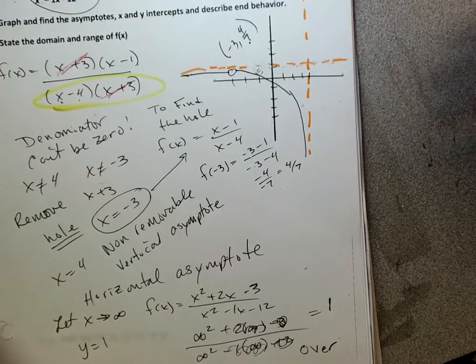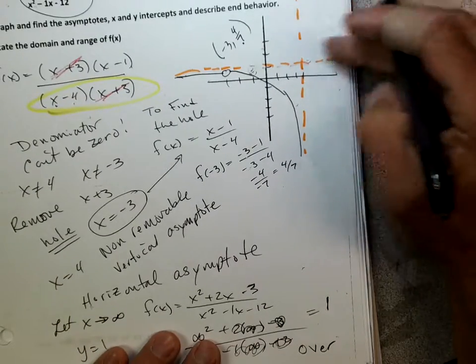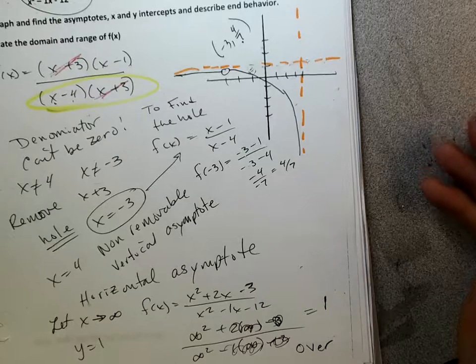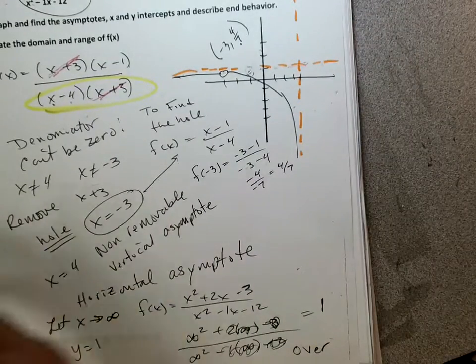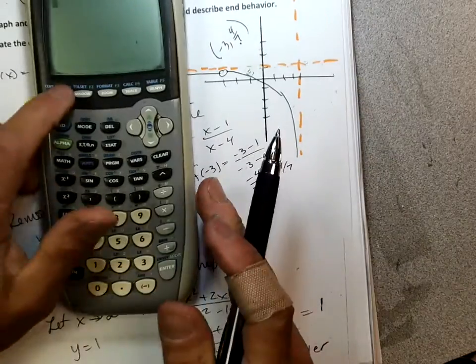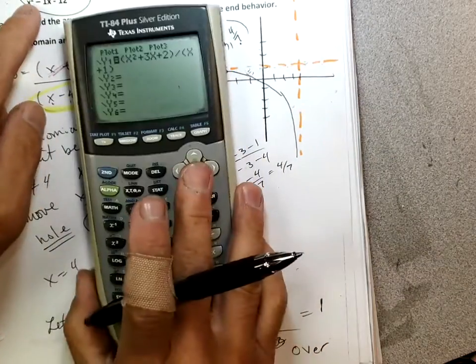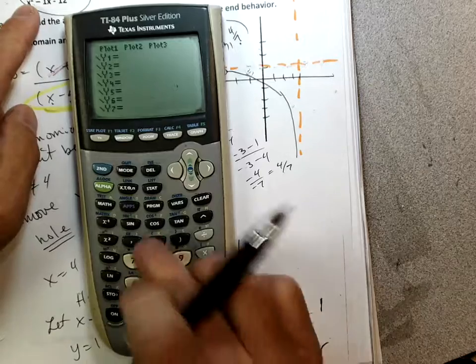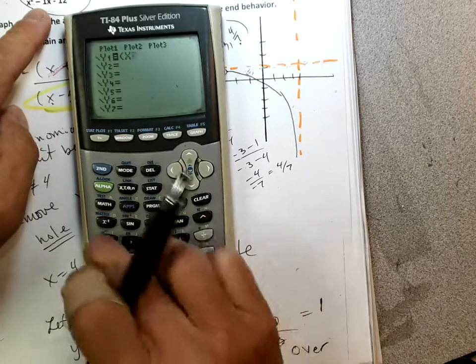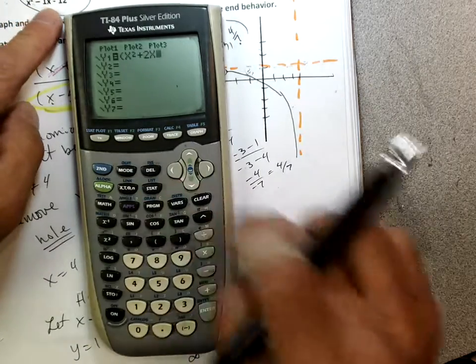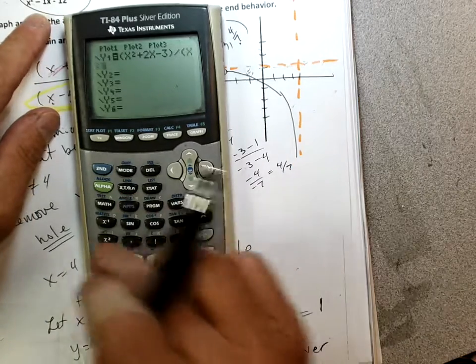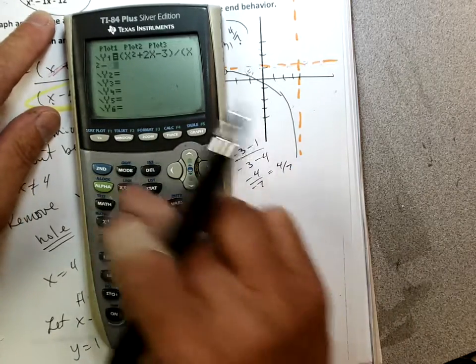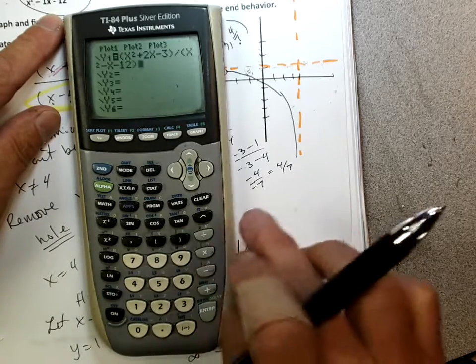Now, where's the other half of the graph? Well, probably up here, and we can use our calculator to take a look at it. It makes sense with the asymptote, but let's take a look at it anyway. So clear that out and put this one in. I'm going to enter x squared plus 2x subtract 3 divided by parentheses x squared minus 1x subtract 12, close my parentheses and graph it.